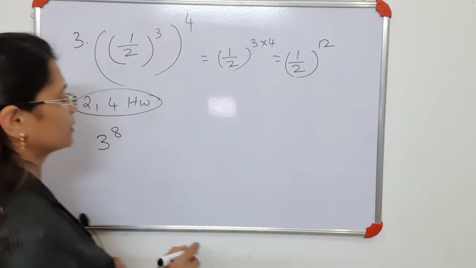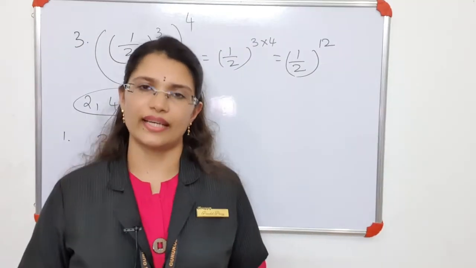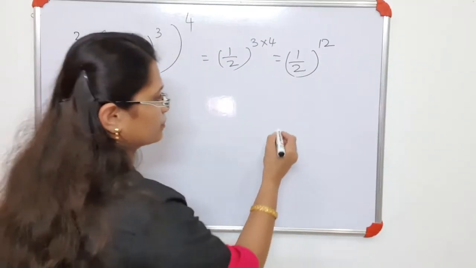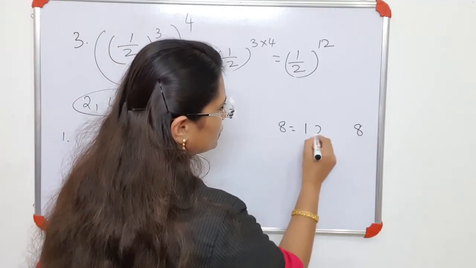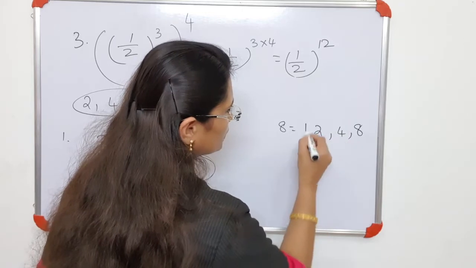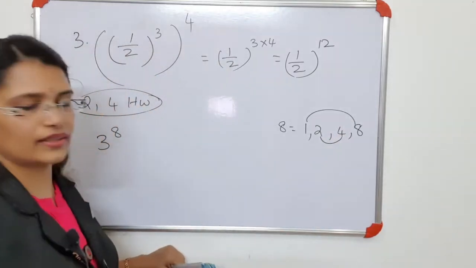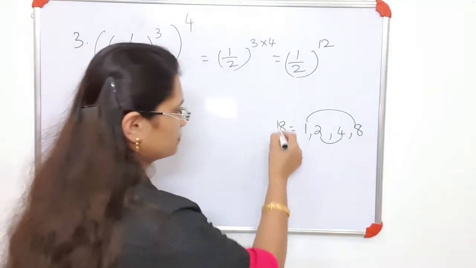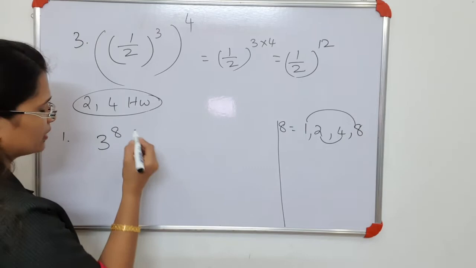We have already learned the factors, right? What are the factors of 8? You know that 1 into 8 is equal to 8, 2 into 4 is equal to 8. These four are the factors of 8, right? So, here we can write 3 raised to 8.